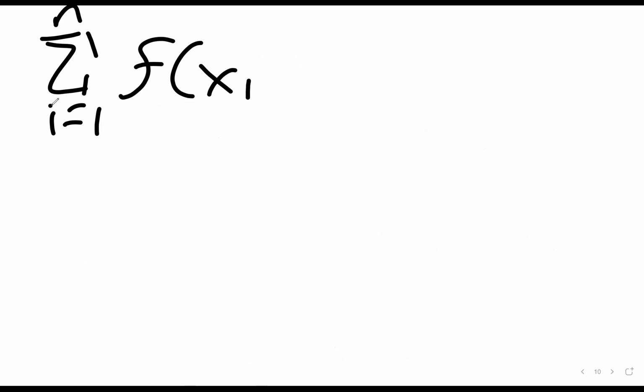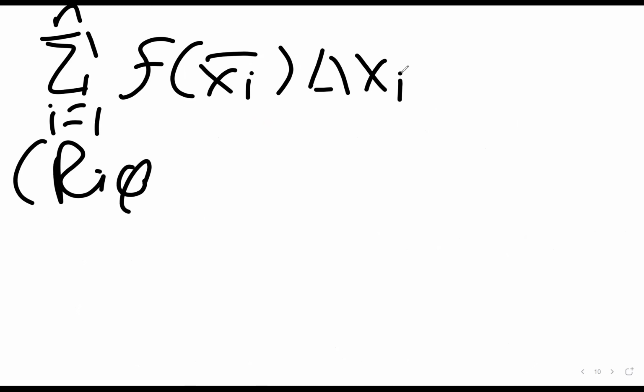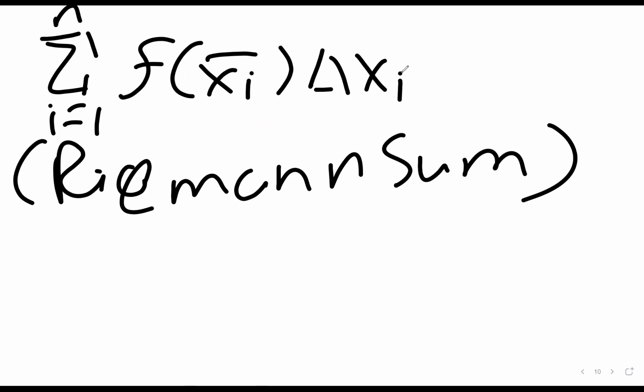The sigma notation, i from 1 until n, f of xi bar delta xi. And we call this the Riemann sum of the function f on the interval a comma b.